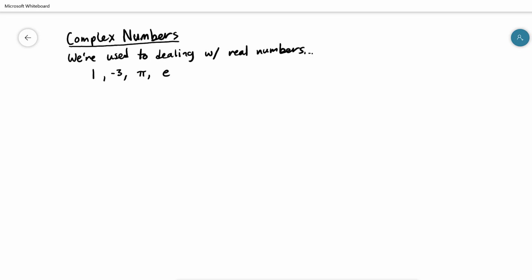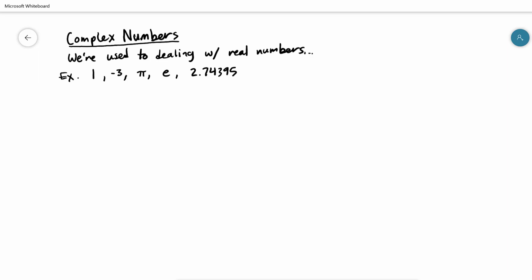All of these are examples of real numbers. They can have decimals, like 2.74395... These are the types of numbers that we've dealt with.